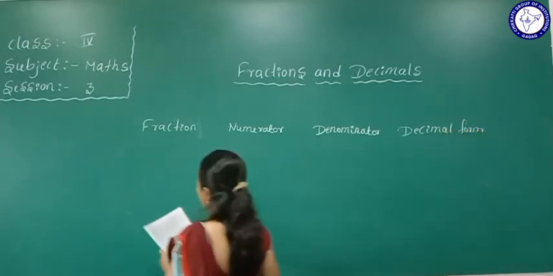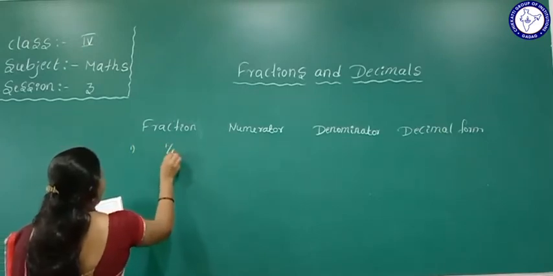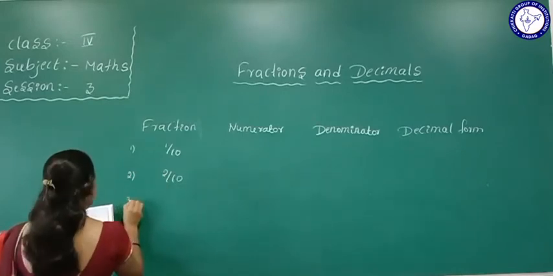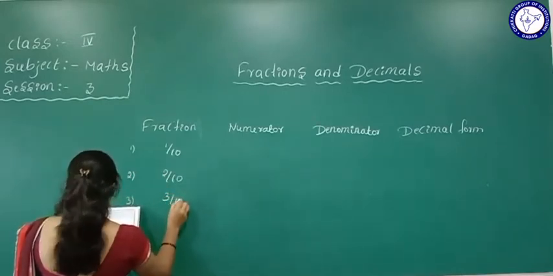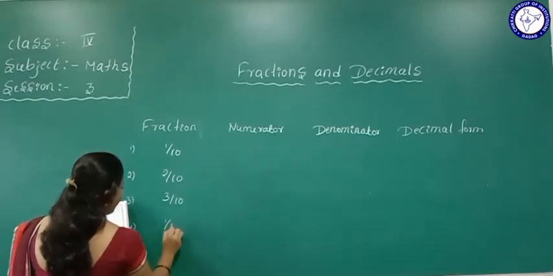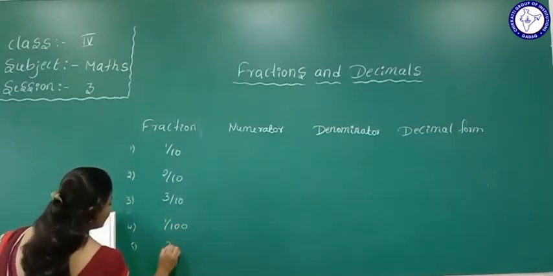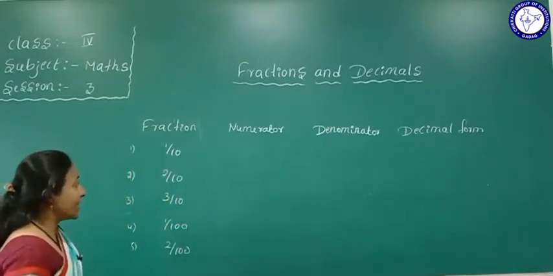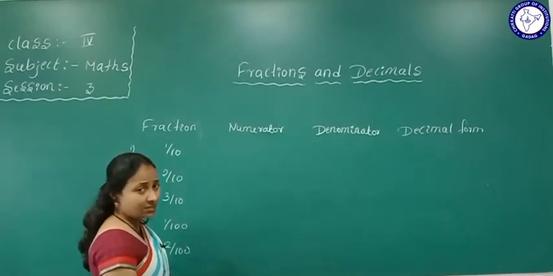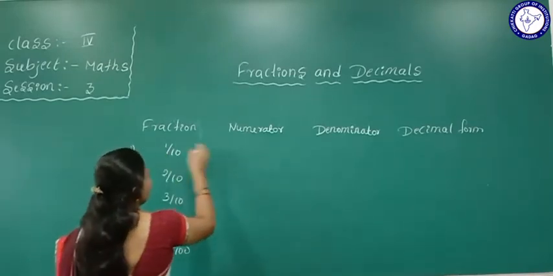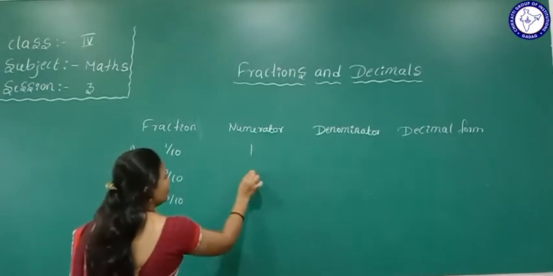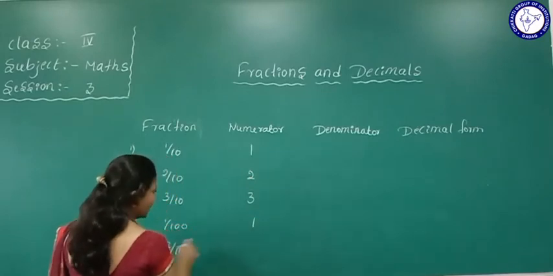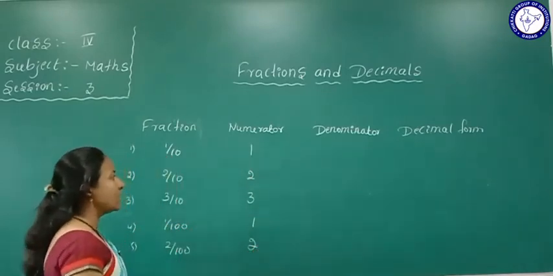Here the first example is 1 by 10, second 2 by 10, third 3 by 10, fourth 1 by 100, fifth 2 by 100. In this fraction, this is the numerator and this is the denominator. First we write the numerator. Here 1 is the numerator, 2 is the numerator, 3 is the numerator, 1 and 2 are numerators. So these all are numerators.